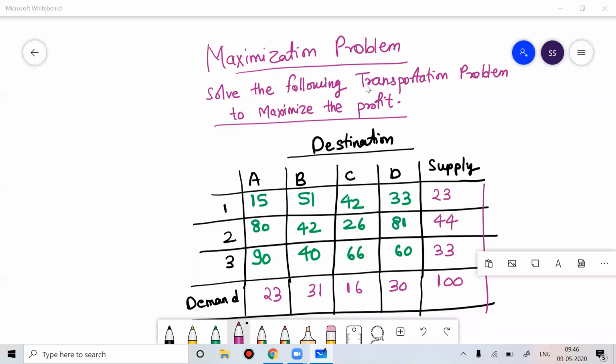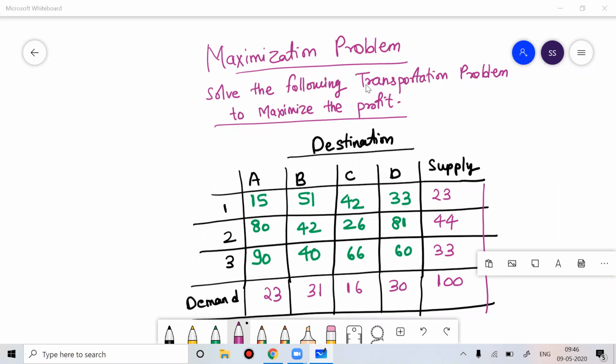By following any of these, we find the initial basic feasible solution. Once we have found it, at the end of the day, we get certain allocations on certain cells out of the total data.